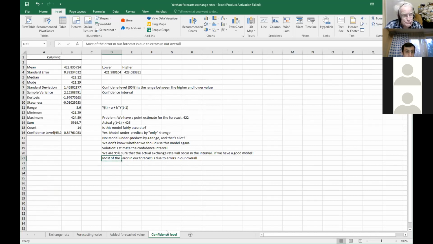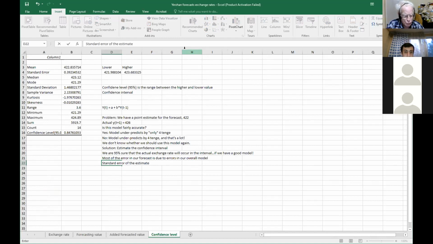So we can measure the error in the overall model by using the standard error of the estimate.